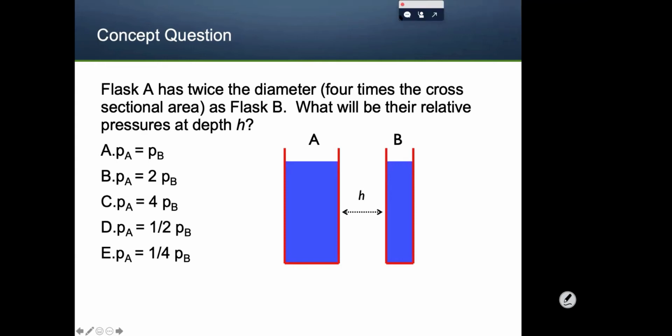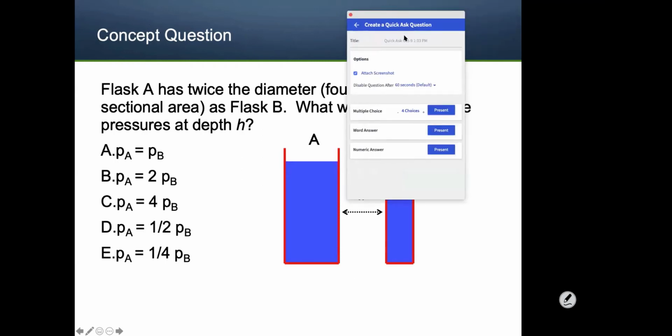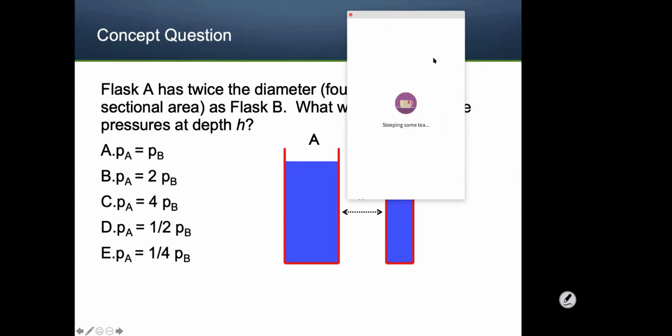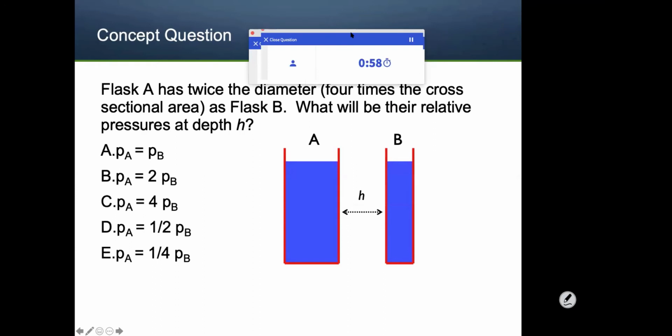This is exciting. You've got 5 choices, A through E. Go. Are you seeing this? Okay, this is a little bit different than it was in the past. That's okay.